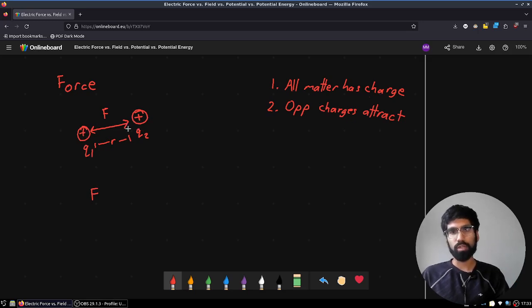Of course, by Newton's third law, the force that Q2 exerts on Q1 is the same as the force that Q1 exerts on Q2, because every action has an equal and opposite reaction. So that's one of the observations they made. Place two charges together, the force between them is the same whether you're measuring over here or over here.